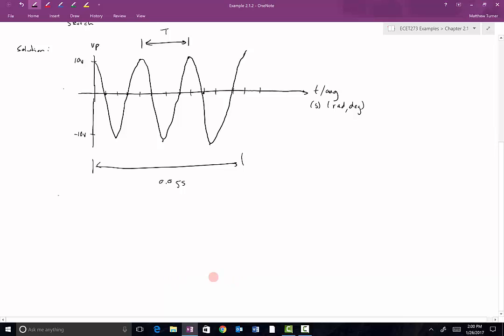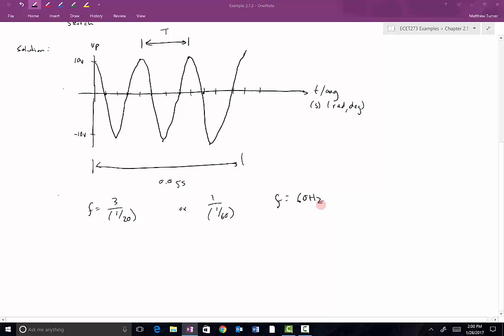F is going to be equal to 3 cycles over 1 over 20, or we could say that there's 1 cycle over 1 over 60, just by looking at that waveform. Either way, we get F is equal to 60 hertz, 60 cycles per second. So that gives us our frequency.